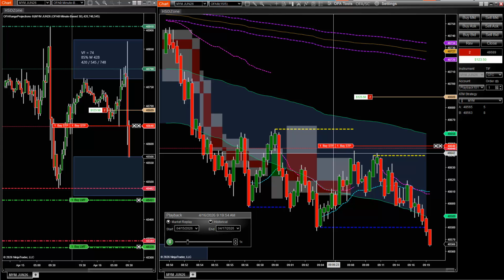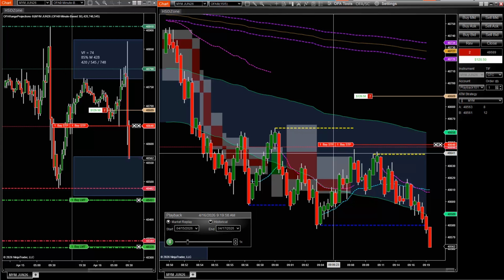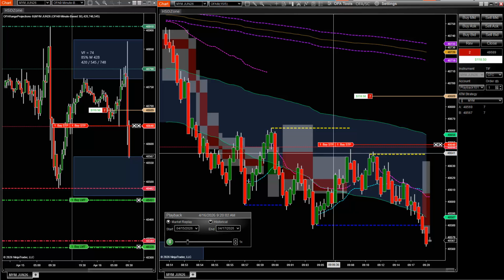but now because we're not going to be adding anything else, we're free to just manage this. So normally we would start management with 3 contracts, but we were trying to get that last one to break even. And so what we're going to do is allow the trend zone to start developing, and we'll just use that as our management for the rest of the position. In this case, we know what the outcome is because this is replay and we've already actually traded this day.